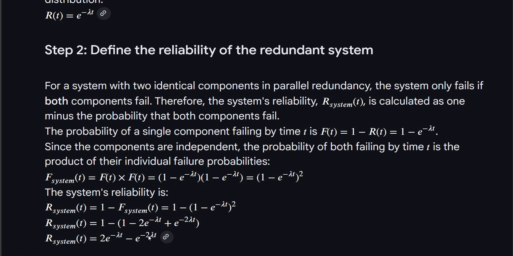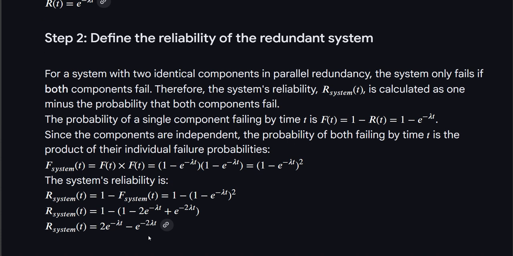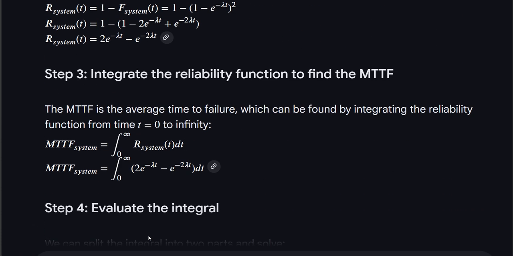Now, another formula for MTTF is just the integral from 0 to infinity of the reliability. Remember the definition of the mean time to failure. So when you integrate from 0 to infinity of this expression, this is calculus, but I'm very sure it's simple.